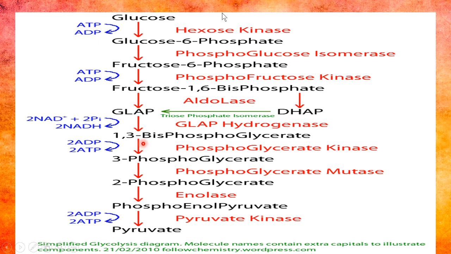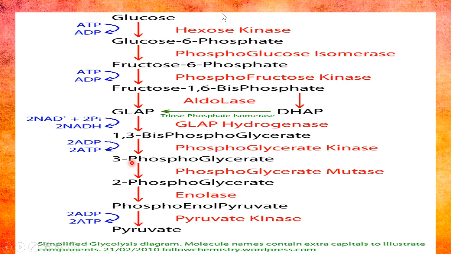In this step, what happens? 1,3-diphosphoglyceric acid, or 1,3-bisphosphoglycerate, is converted into 3-phosphoglyceric acid, also called 3-phosphoglycerate, by removal of a phosphate group to produce an ATP molecule. The reaction takes place in the presence of the enzyme phosphoglycerate kinase.